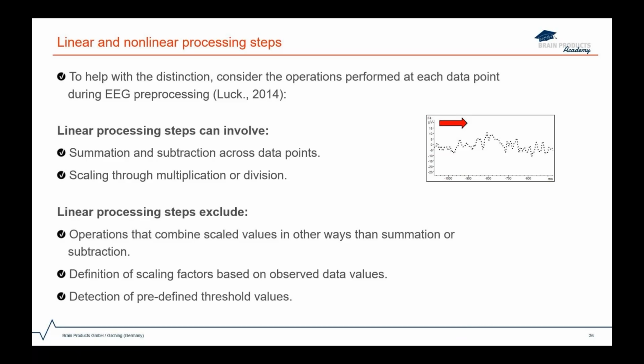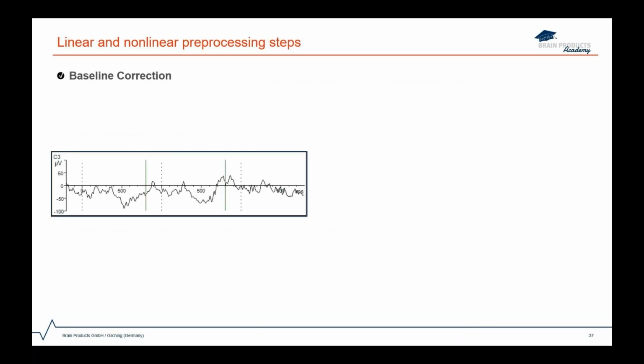But now, to bring further examples on EEG, we have here 3 trials on one channel: the first trial, the second and the third, and we're going to apply baseline correction.